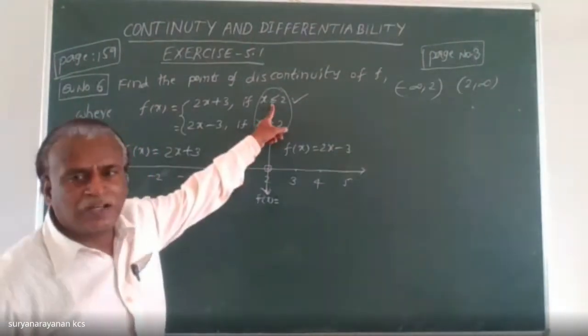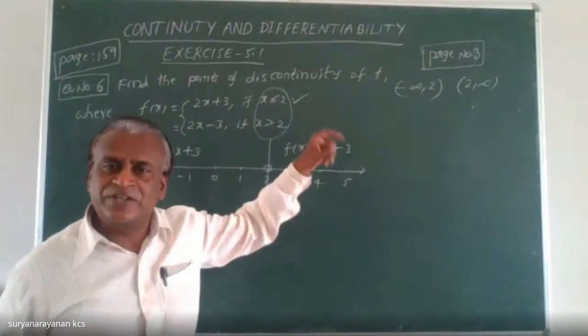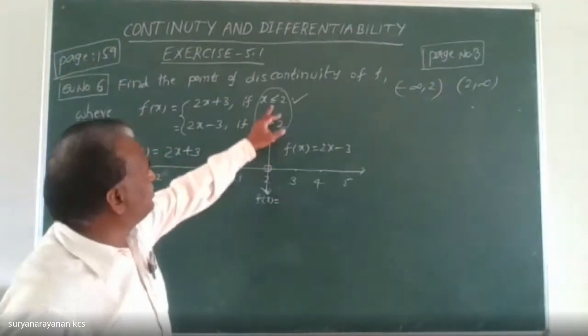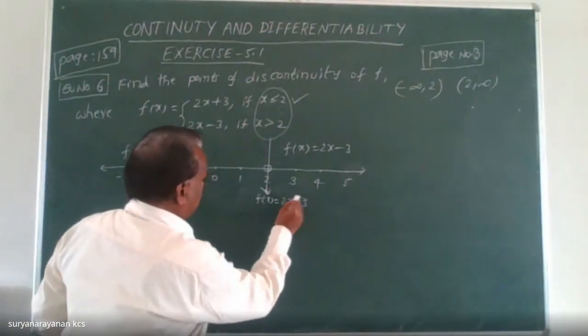See here, less than or equal to means the x value can also be 2. So in this case, f of x is equal to 2x plus 3.